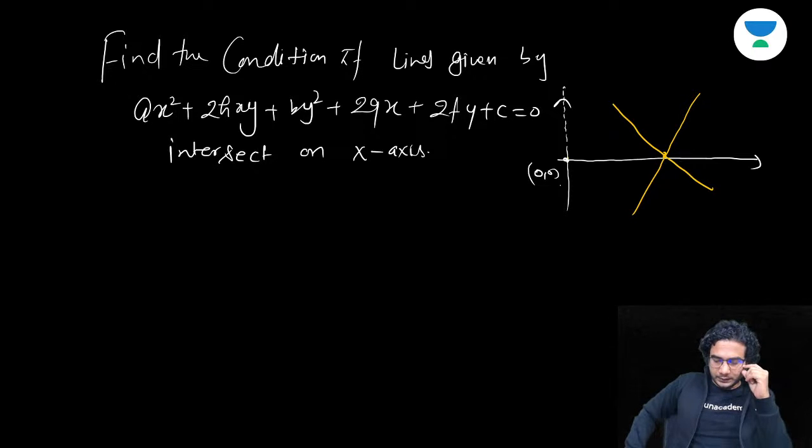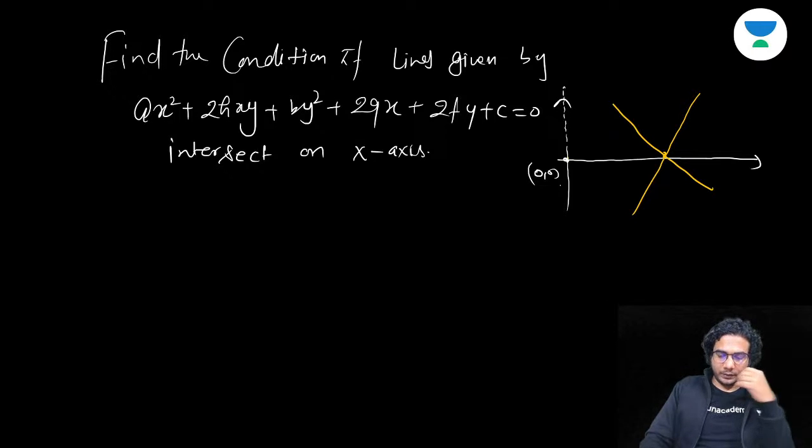So the point of intersection is lying on x-axis. How would you derive the condition?